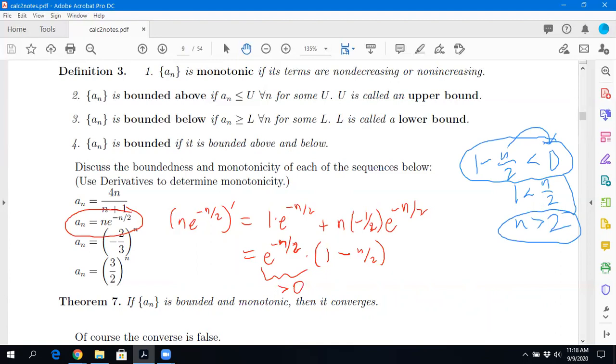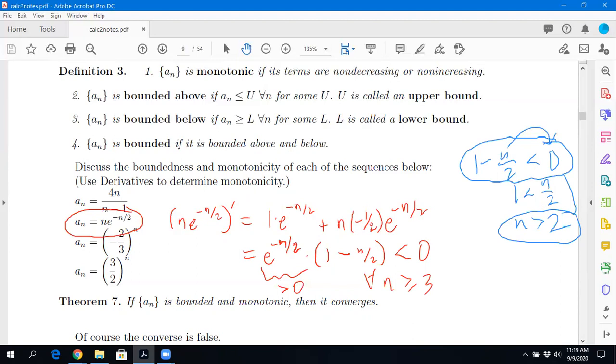In other words, this thing is less than 0 for all n bigger than 2, which I'll say bigger than or equal to 3. So that means this thing is eventually decreasing. Like at first it might jump up a couple steps, but then what happens after that? It starts going down from that point on, okay?